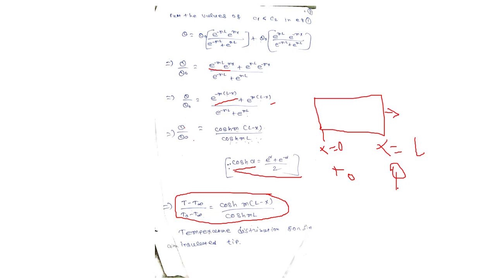So heat transfer at the end, we can say Q is equal to Qc. Using these boundary conditions we can get the equation for this short fin also. So you just try by yourself and get the equation for this.